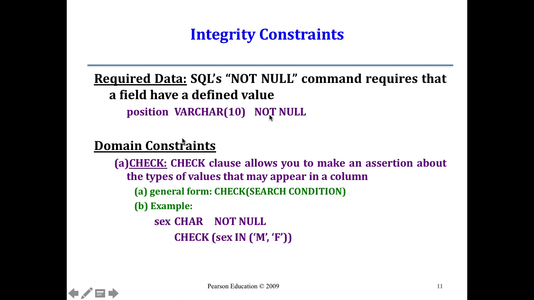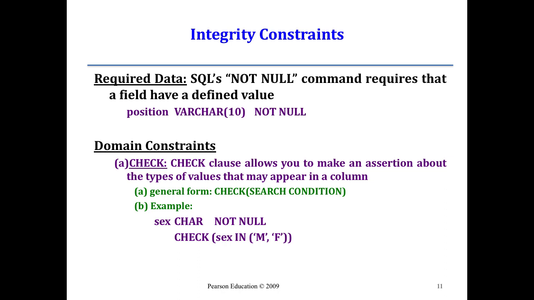Okay, in SQL you can have domain constraints to control what are the legal values. So there's a check keyword that checks to see, and then you can give a SQL query inside of check. So here we're asking, is sex in the set M or F?